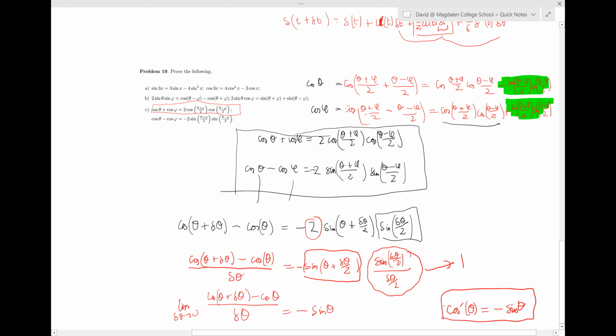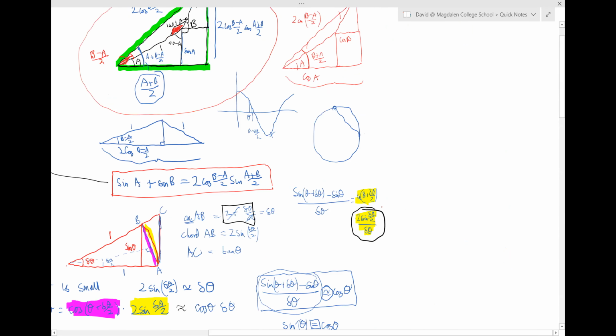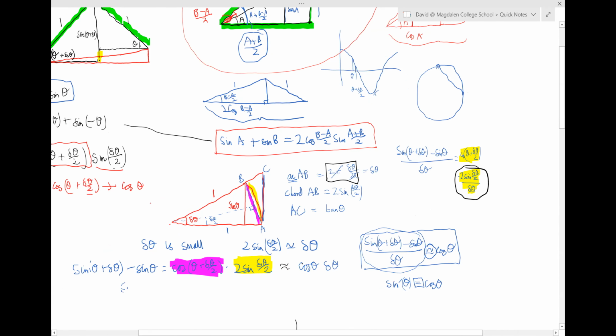And what we've actually improved, and when I asked you earlier to put a thumbs up if you bought the argument, is this. Earlier, I just said that if delta theta is small, we can look at this diagram and say geometrically that 2 sine theta delta theta over 2 is approximately equal to delta theta.